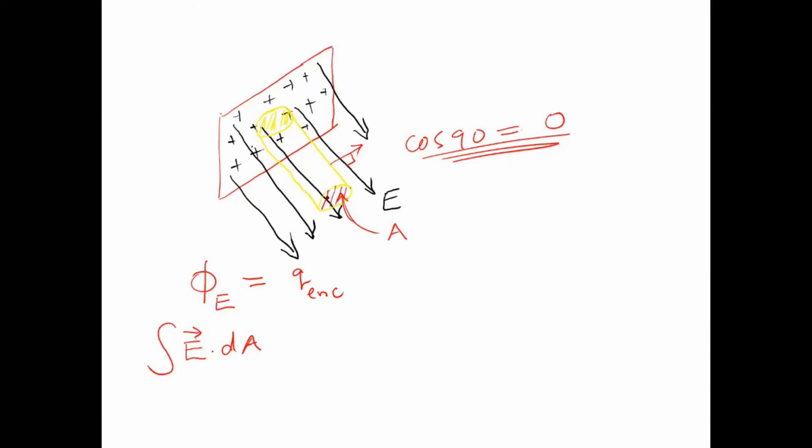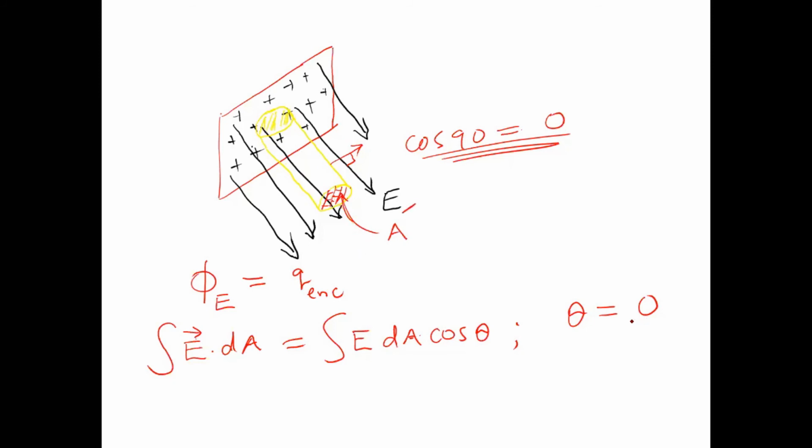We have assumed that this area can be broken down into small areas, each of which we call dA. So this can be written as the electric field times dA times cos theta, where theta is the angle between dA and the electric field. Theta in this case is 0, because the area vector, which must be normal to the area, is in the same direction as the electric field.